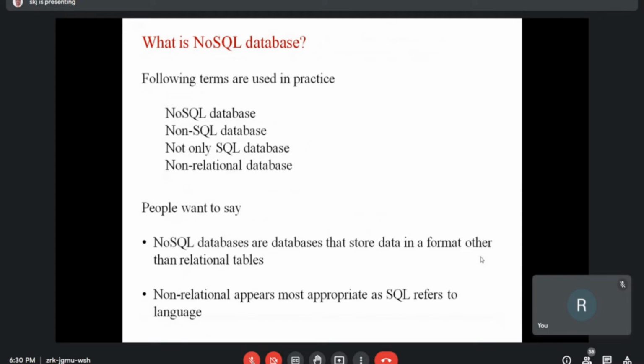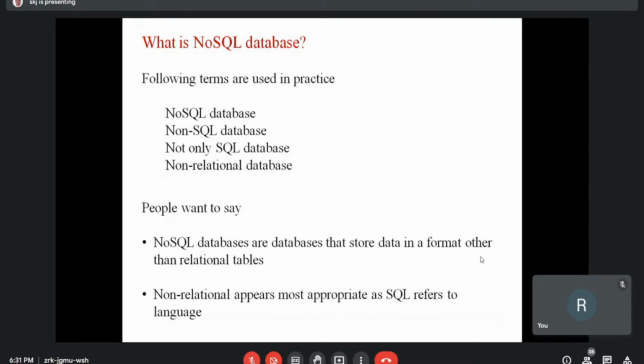People were also not happy because the cost of the relational database management system was very high, and in the market only a limited number of companies were dominating, with solutions like Oracle, Sybase, and SQL Server. To take the load of a huge database, they used to charge a lot of money. So that is also one problem.